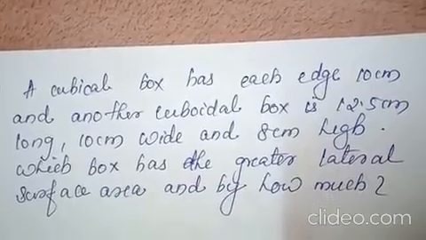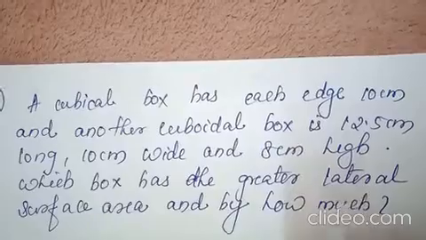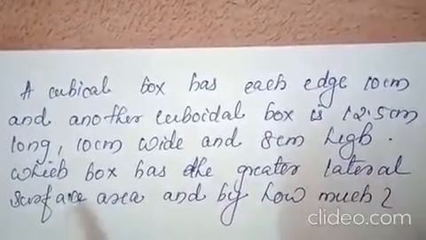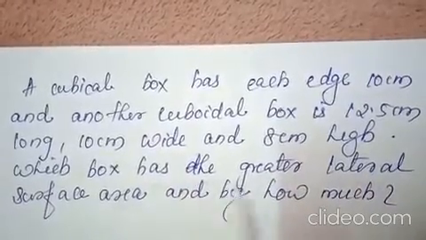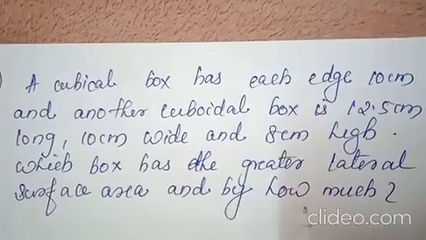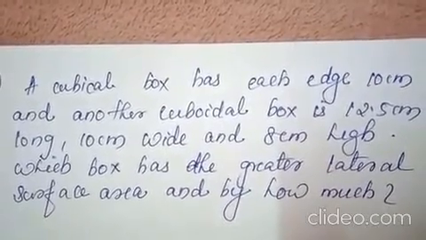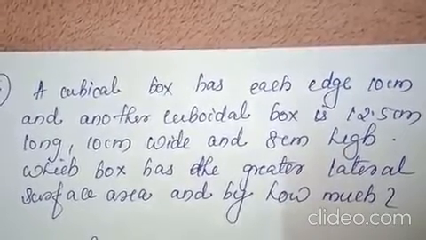The next question is, a cuboidal box has each edge 10 cm and another cuboidal box is 12.5 cm long, 10 cm wide and 8 cm high. Which box has the greater lateral surface and by how much? So we are given that each of the edge of the cubical box A equals 10 cm.